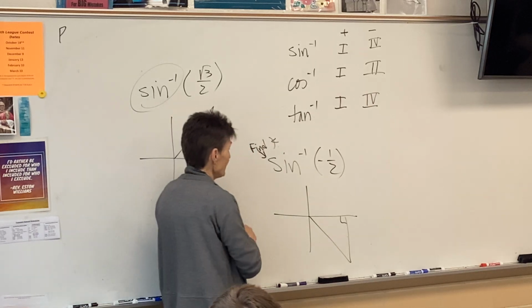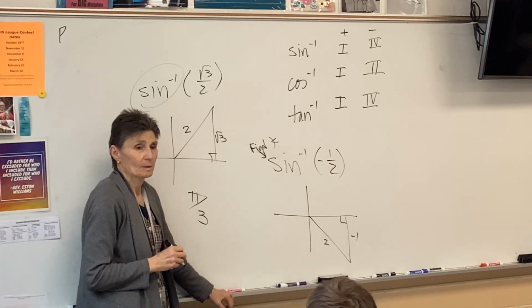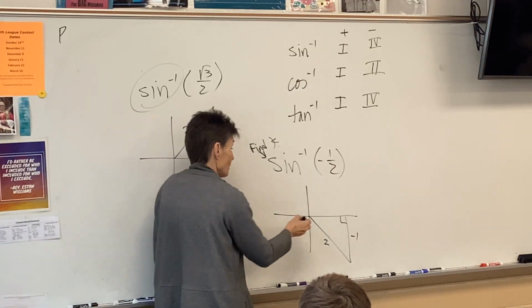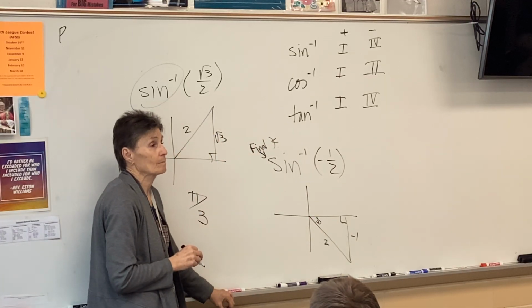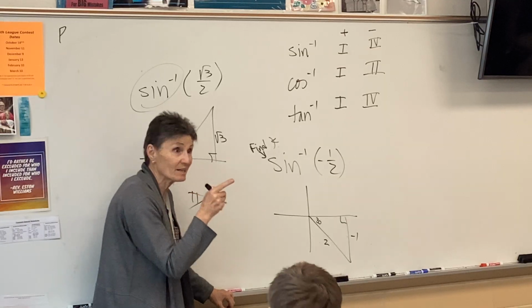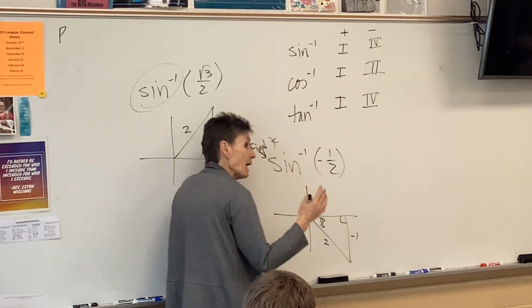All right, so what do we got here? Opposite over hypotenuse is 1/2. So you should be recognizing this as a 30-degree angle. In radians, that would be pi over 6. But I've got to be careful.